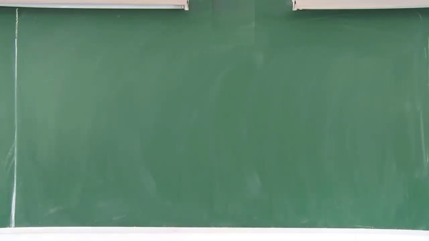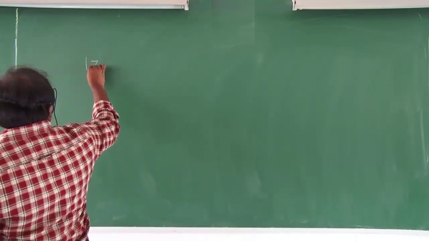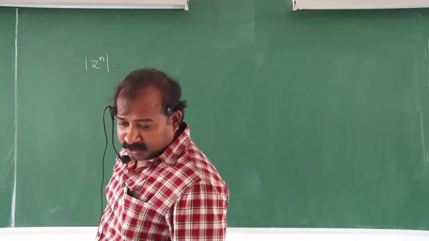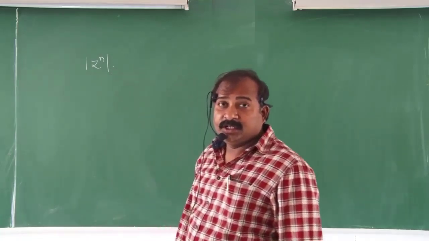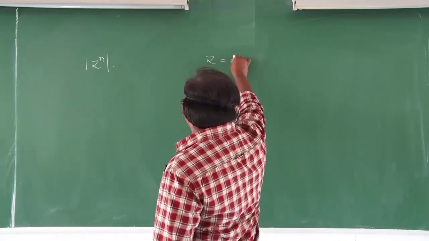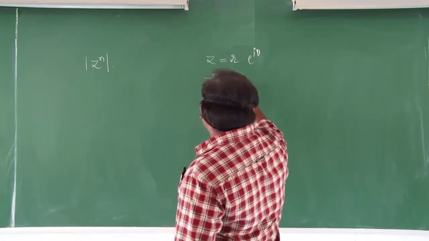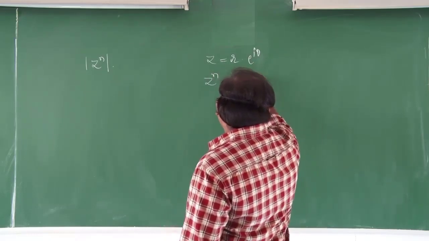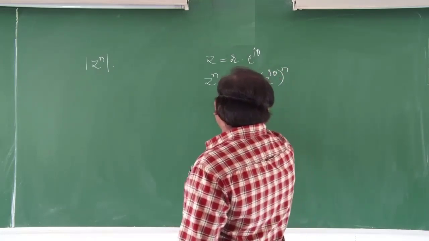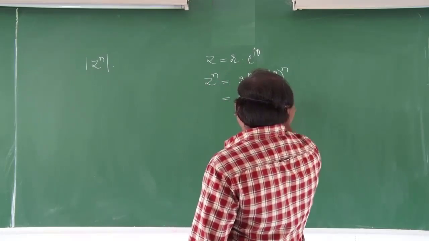Here the point is modulus of z power n. For example, if you take z equals r into e power i theta, what will be the z power n value? r power n into e power i theta, whole power n only, na? So r power n into e power i n theta.